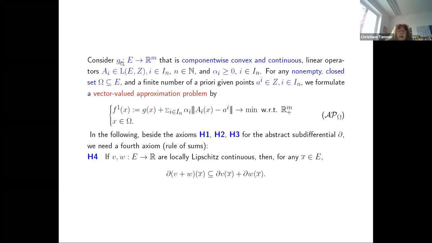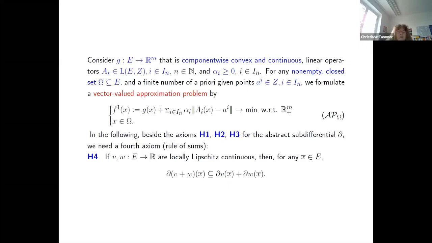We have additionally a function g from A to the m-dimensional Euclidean space, and we suppose it is component-wise convex and continuous. The feasible set is not supposed to be convex but closed. So we have this objective function. And for the optimality condition, we need additionally a rule for sums for the axiomatic subdifferentials.